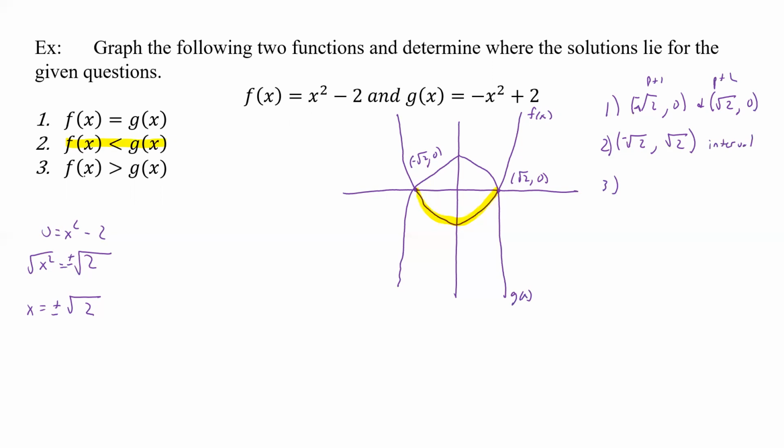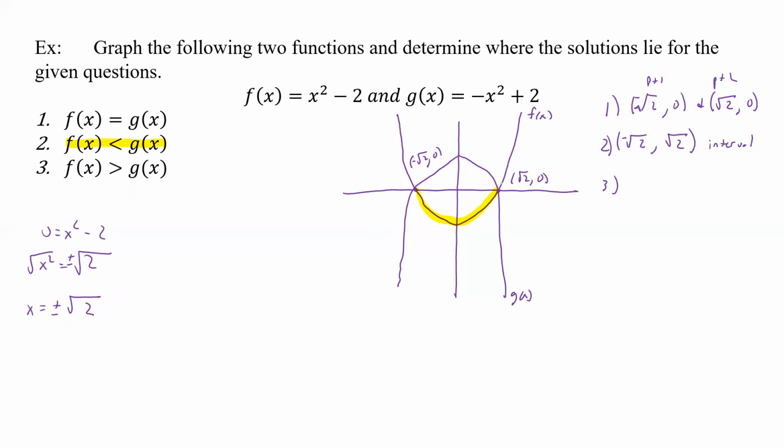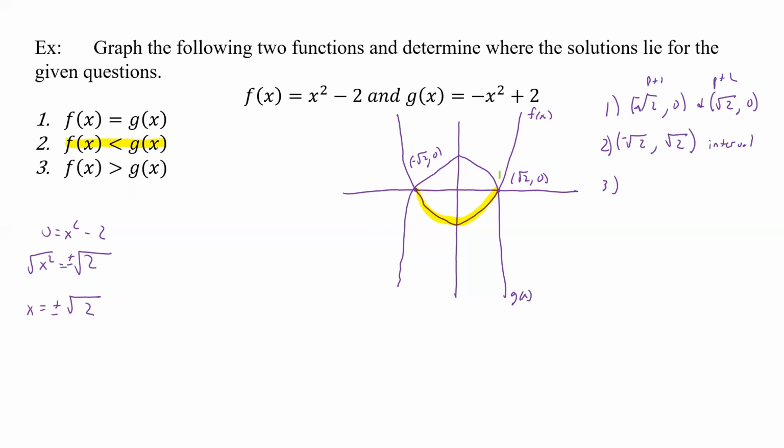Now, when is f of x greater than g of x? Well, now we want it to be above, so that's going to be those 2 going up there. So let's change to a different color. Let's do green up here. And so when we go up here and up here, that's when f of x is greater than g of x.